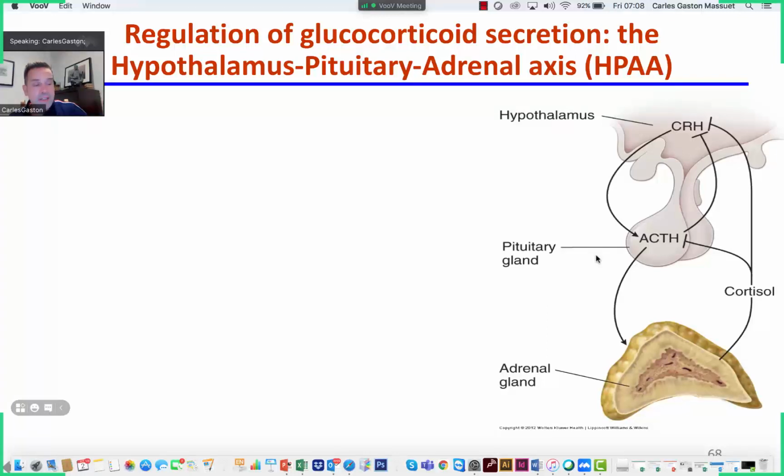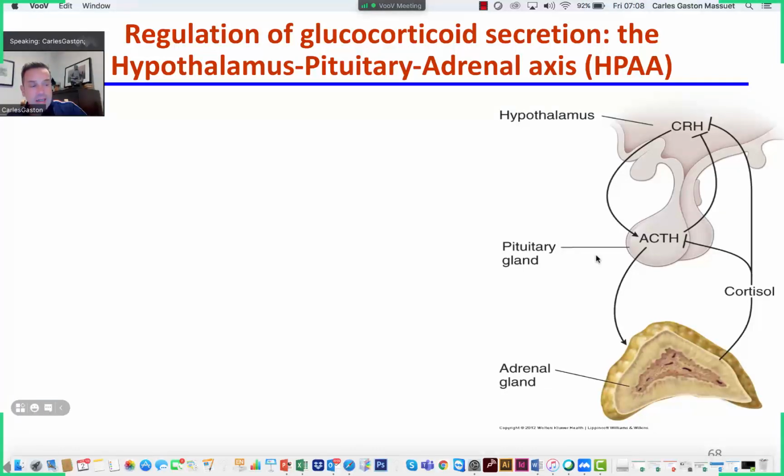So what happens next is that ACTH targets the adrenal gland, in this case the adrenal cortex, and tells it to secrete cortisol. Cortisol will have lots of different functions, right?